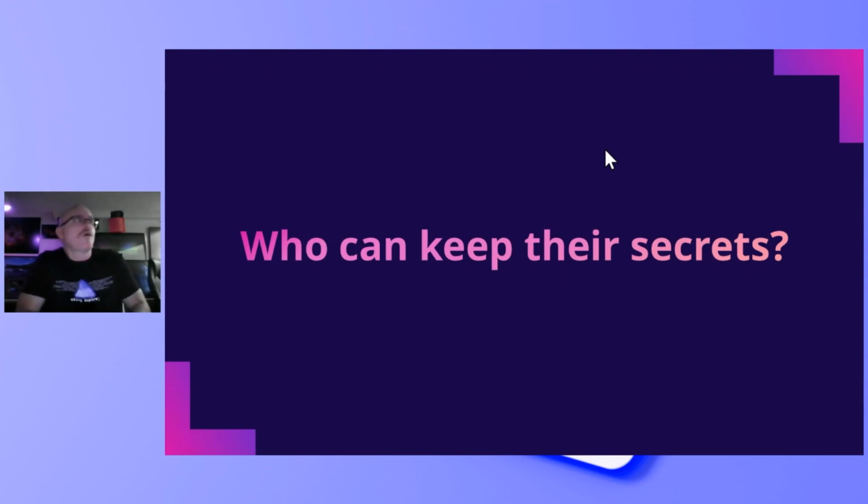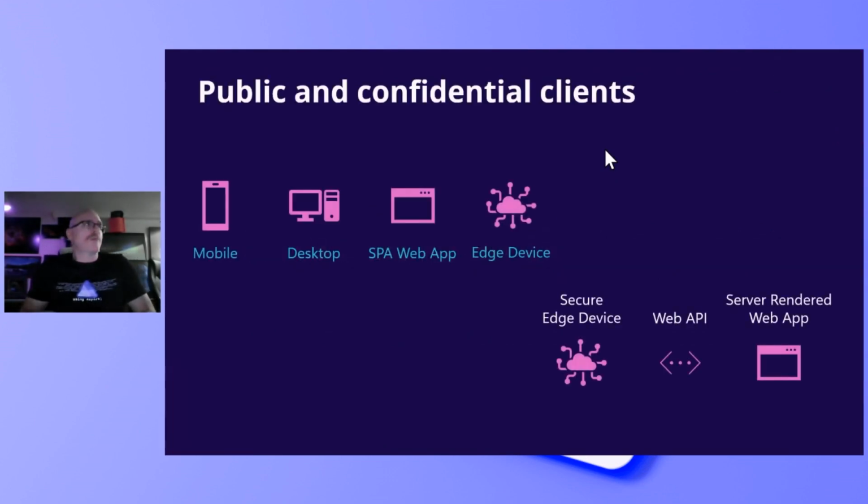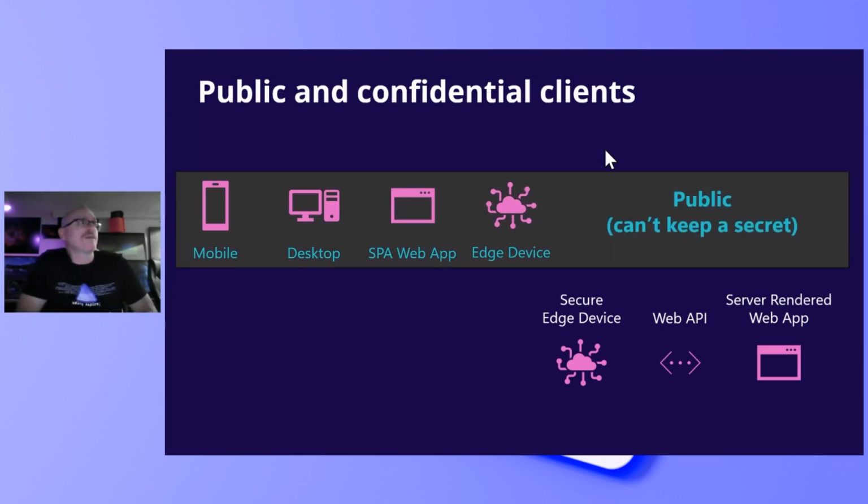So who can keep their secrets? This is important. One thing to think about as you look across your apps: your mobile, your desktop, your single page applications like Angular and React, secure edge device, web API, server rendered web app. Well, the ones on the top can't keep a secret.